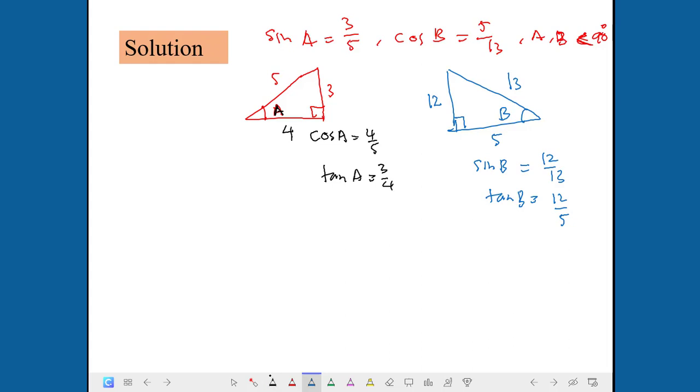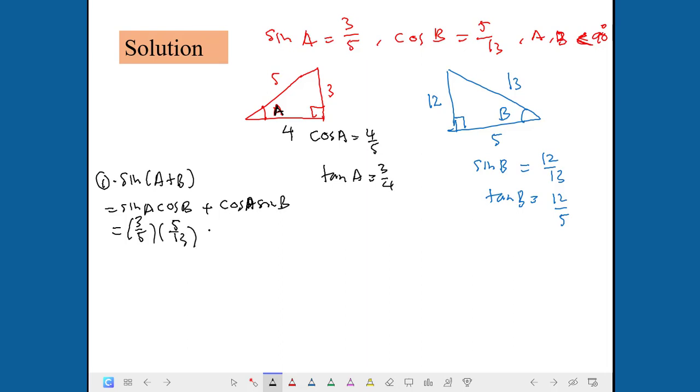Then the first one is to find sin(A+B), which is equal to sin A cos B plus cos A sin B. Substitute sin A equal to 3 over 5, cos B 5 over 13, plus cos A 4 over 5, sin B 12 over 13.